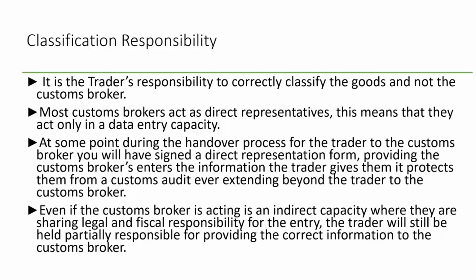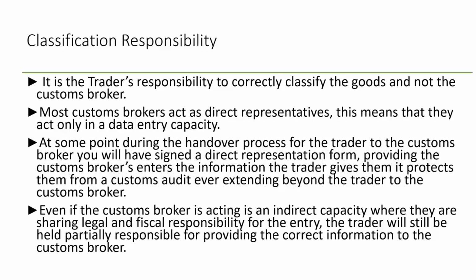So you, the trader, are responsible for giving the customs broker the correct information. With direct representation, the business, the trader, remains legally and fiscally responsible for the information on the customs declaration, provided the customs broker enters whatever information the trader gives them.